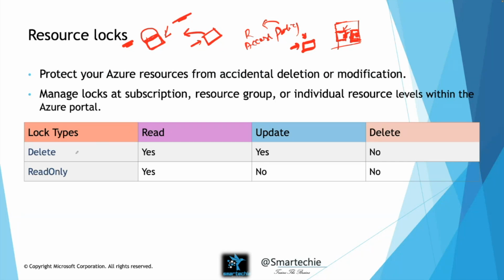What kind of lock can it be? It can be two types of lock: one is delete lock, another is read-only lock. Now, if a delete lock is applied to a resource, for example a storage account, what will happen when the administrator applies it?